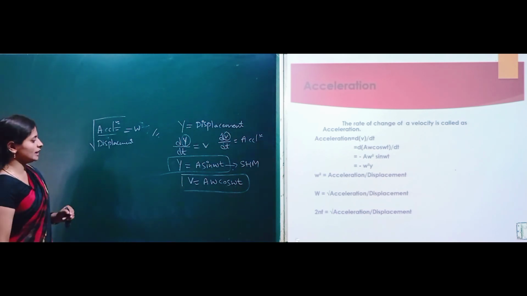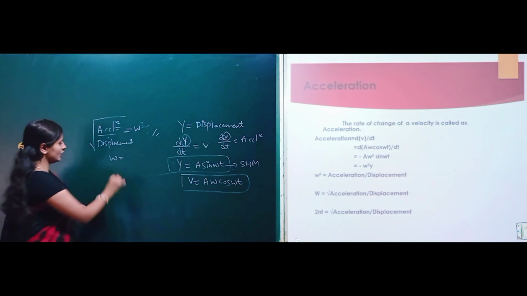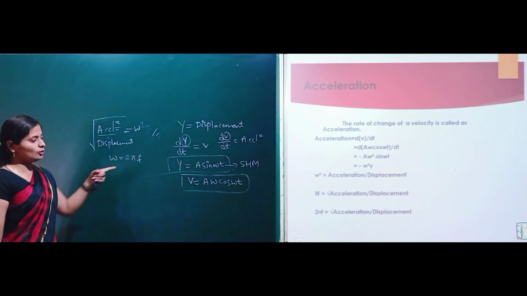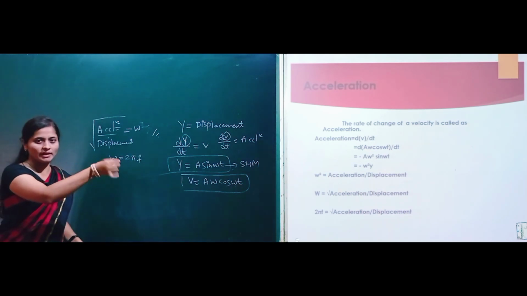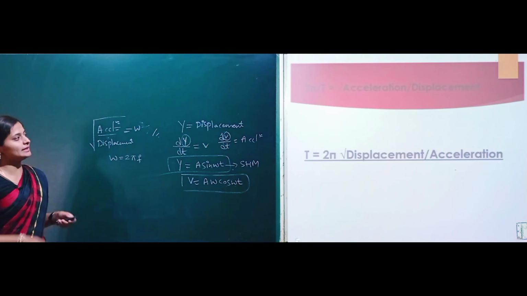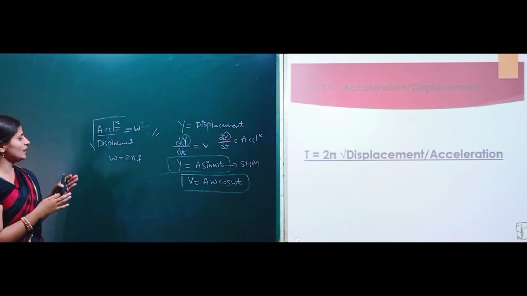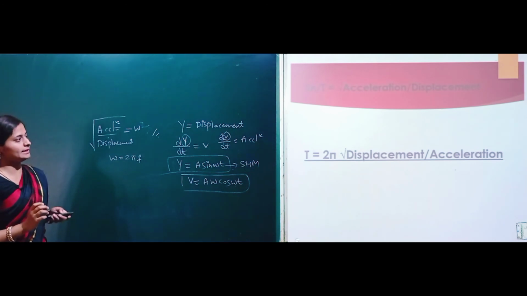Next, we know that omega equal to what? Angular frequency. So angular frequency is nothing but 2 pi f. So omega equal to 2 pi f, again square root of acceleration by displacement. Next, see here, by simplification we are getting 2 pi by t. Why are we taking the t?